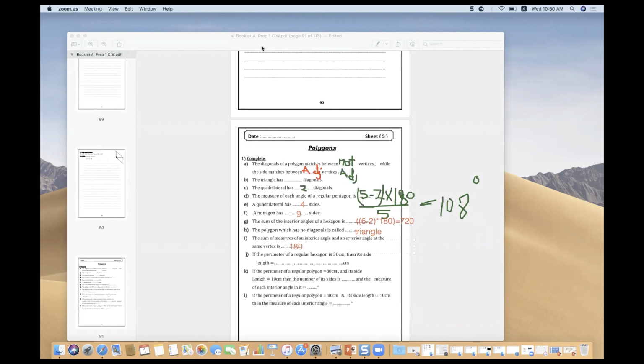The perimeter of a regular hexagon is 30, then its side length equals 30 divided by 6, which equals 5 centimeters.